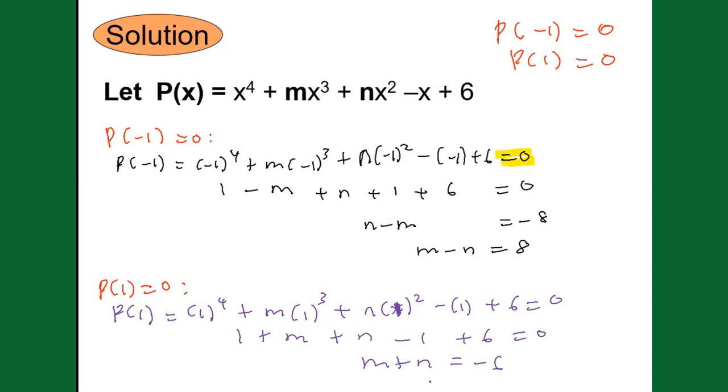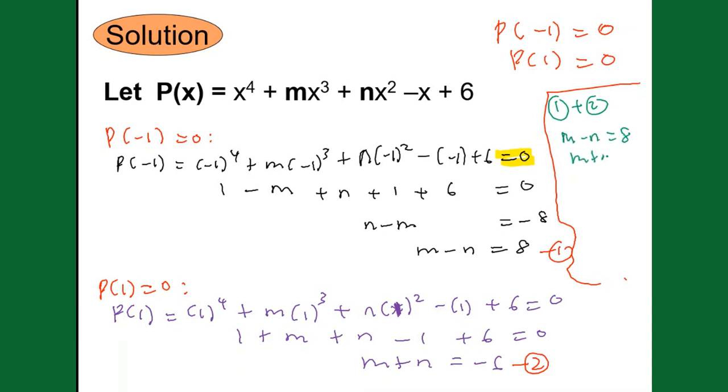So this one equation 1, equation 2. Buat kat sini lah, sebab kecil kan. And then equation 1 plus equation 2. M minus n equals 8. M plus n equals negative 6. Minus ke plus plus.